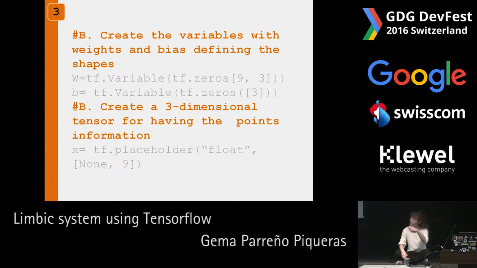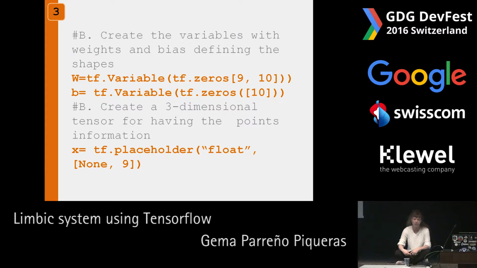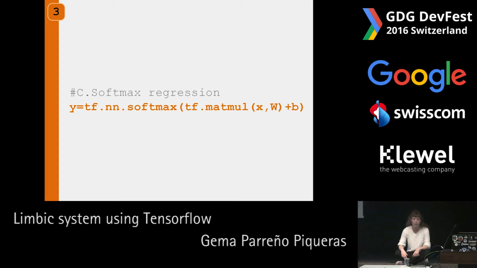As she told you, we were creating the variables, weights and bias, and we will also have that three-dimensional tensor for having the points of information.